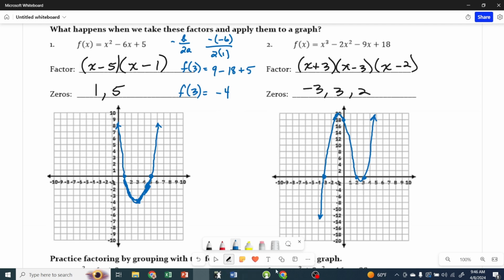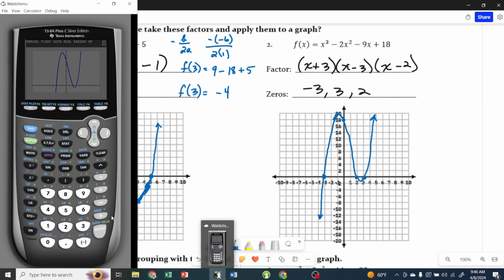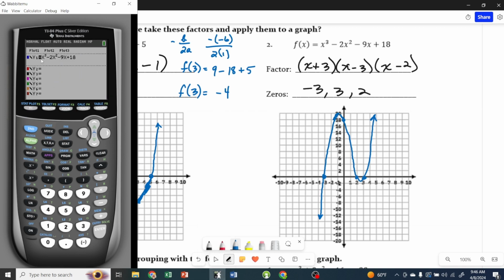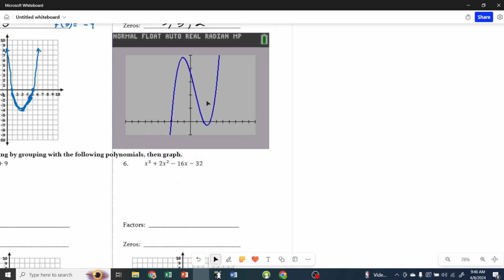Now, if we take our calculator and we plug this equation in here, and we also work with our window, knowing that I'm going up to 25 with this, and I graph this, that's about where we get. We almost get to 25. So here's a nice looking graph, a much better looking graph than what we had.